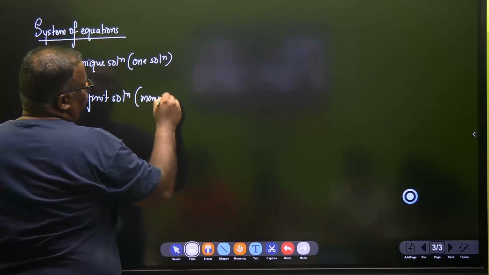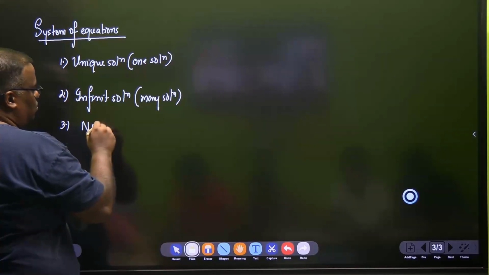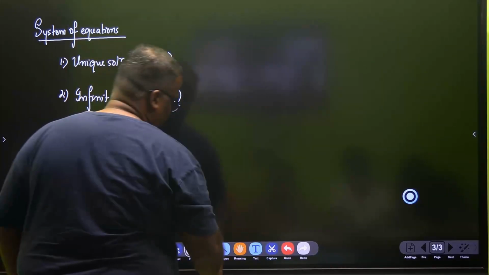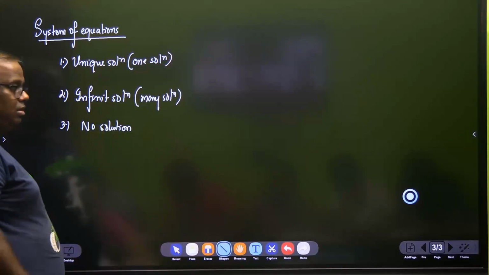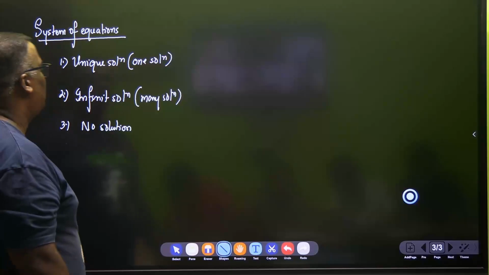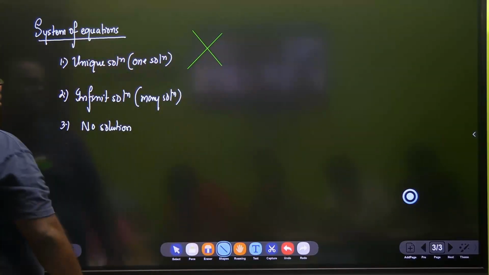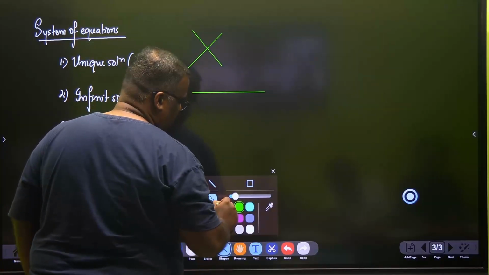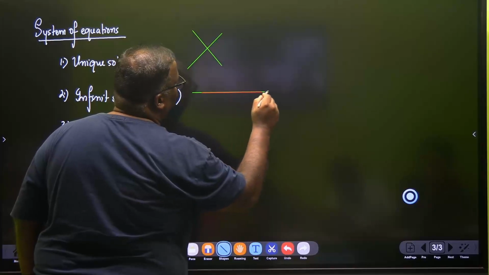This is many solutions. Or my system can have no solution. Is this fine? Sir, what would the equation? Single solution, 0, 0. Unique solution means my graph will ultimately come like this. Infinitely many solutions means my graph will be coming something like this.